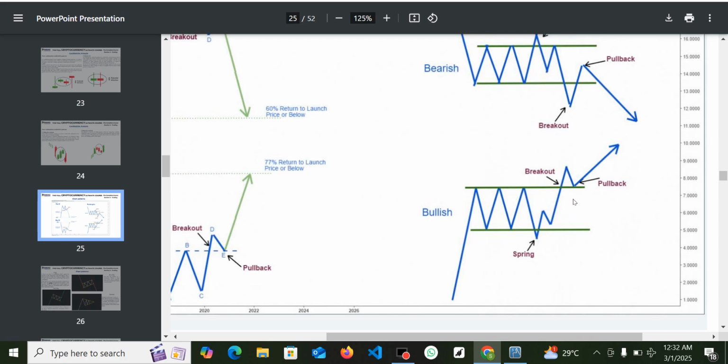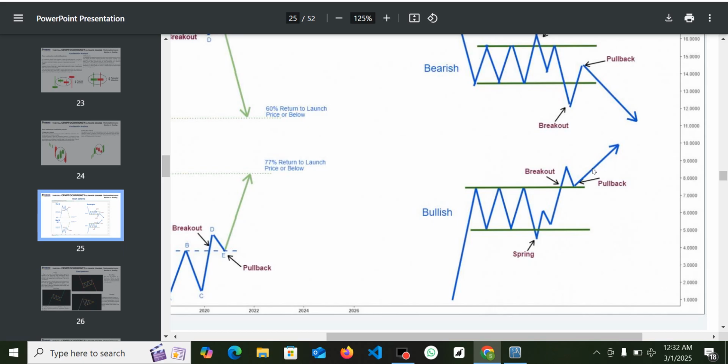After the spring you should expect a breakout at this point, and you should also expect a pullback. You can see the pullback here didn't go below this support zone, as it went above the resistance zone at this point. So it happens like that. So far it had a pullback, and it started picking up from there.